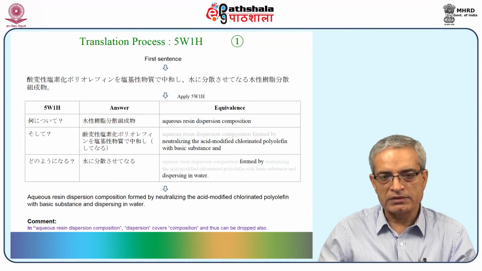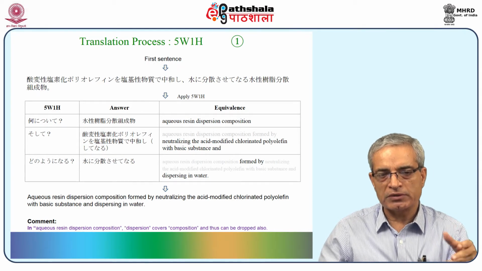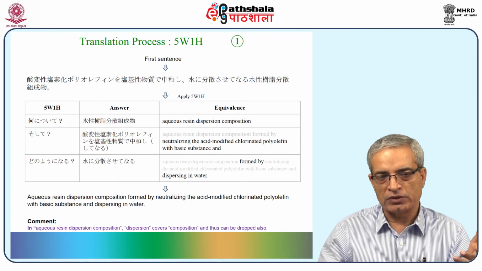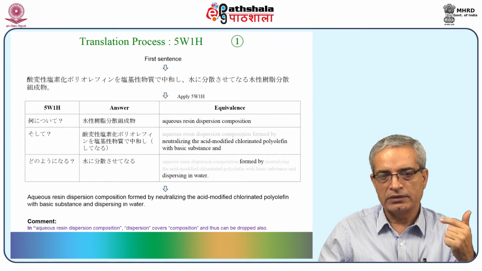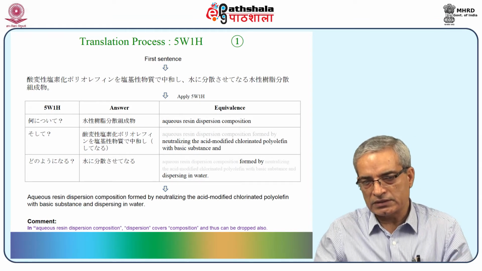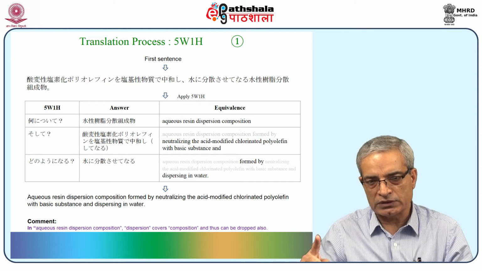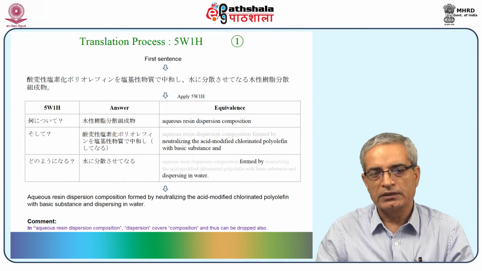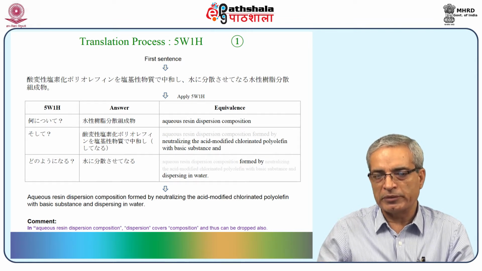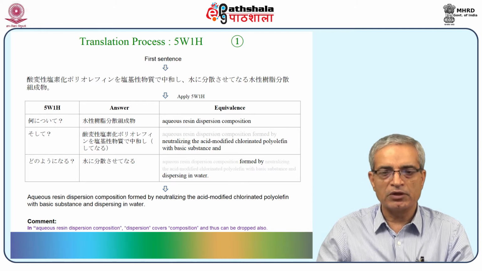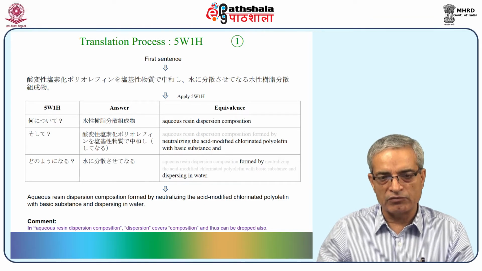We have seen in the previous modules that you can put any number of questions, but now she is putting the right question only, and the answer is "mizu ni bunsan sasete naru", dispersing in water, and that gets connected here. The sentence outcome is: aqueous resin dispersion composition formed by neutralizing the acid modified chlorinated polyolefin with basic substance and dispersing in water.